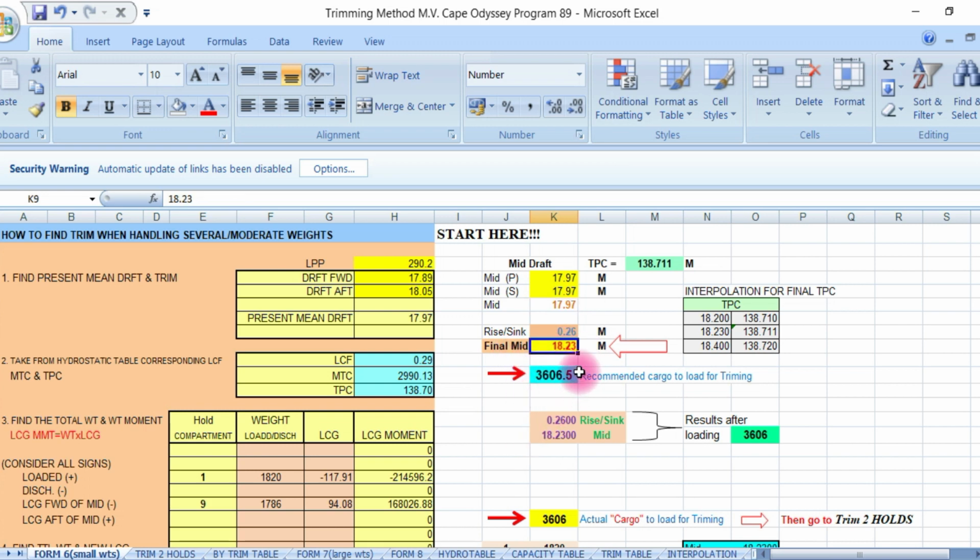So the recommended cargo to load, remaining cargo to load, is 3606.5. So I put here 3606. Okay. When you put 3606, the mid drop is the same with this one, and the rise and sink is the same with this one. So now we will distribute the cargo to holds 1 and 9.